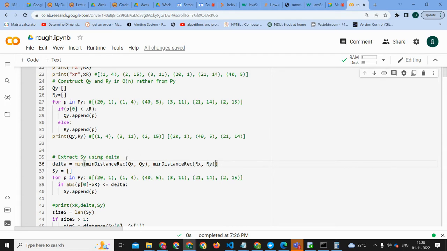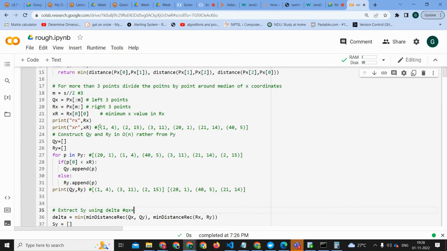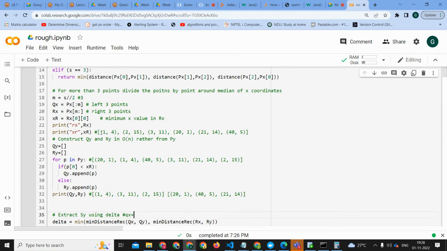QX, QY. So what is QX and what is QY? QX is basically the left 3 points. I think these are the QX, right?